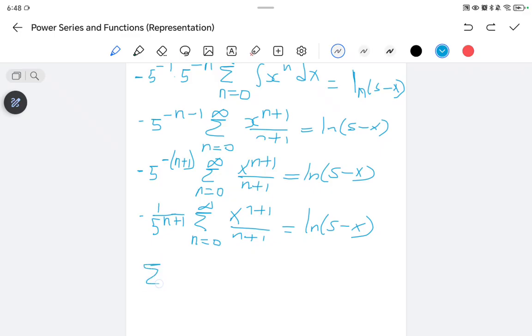And then this will be the summation, n equals 0 to infinity, of 1 over 5 to the n plus 1, minus, x to the n plus 1 times n plus 1, plus ln of 5 minus x. Yeah. So any question?